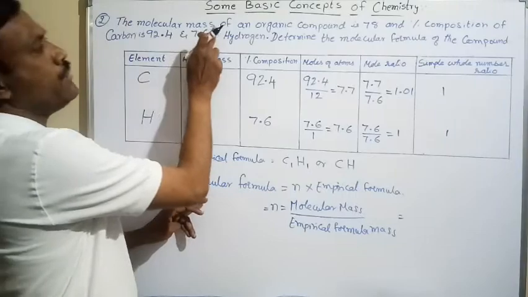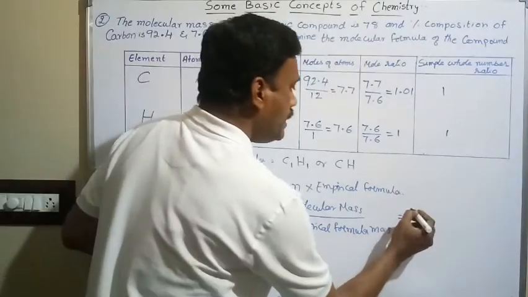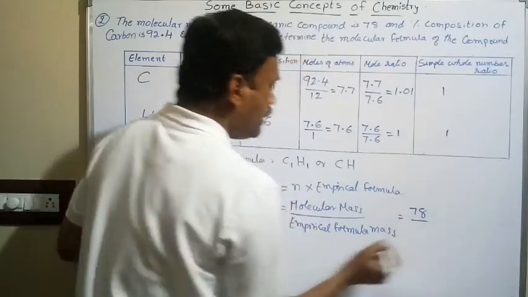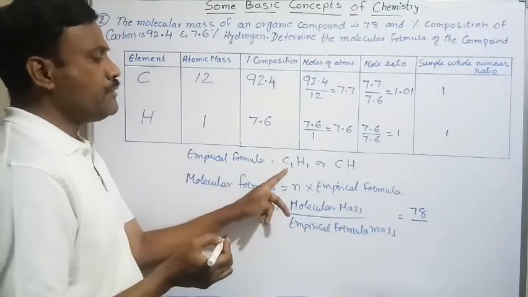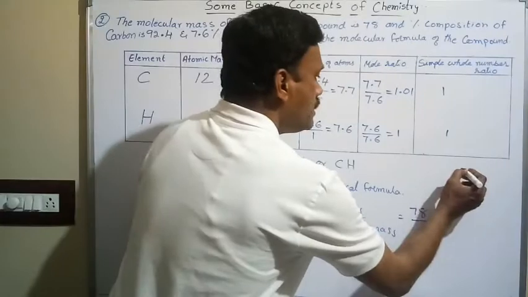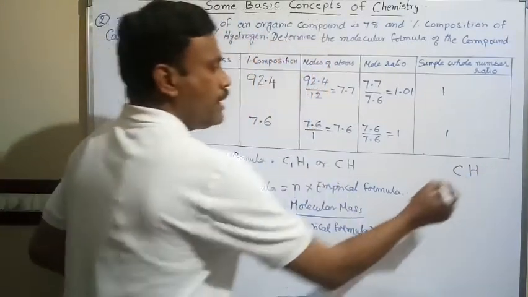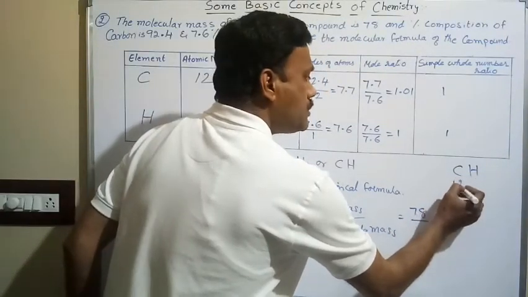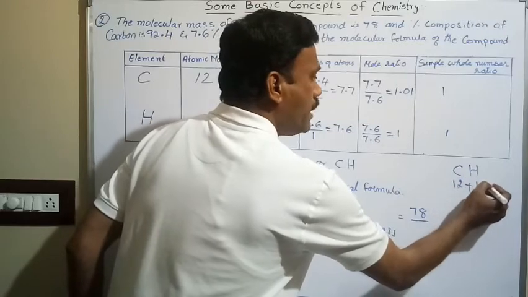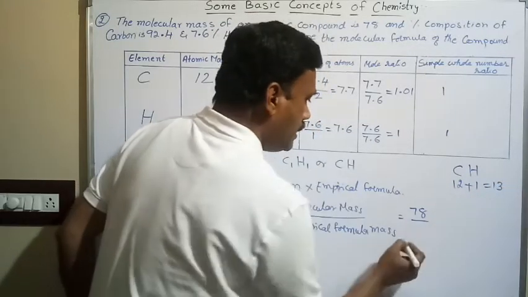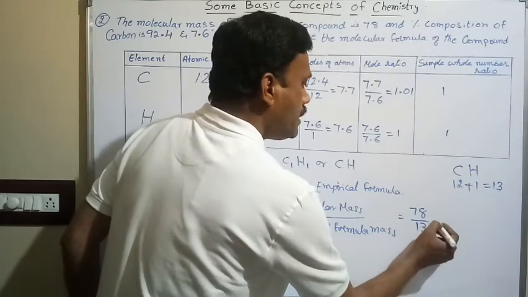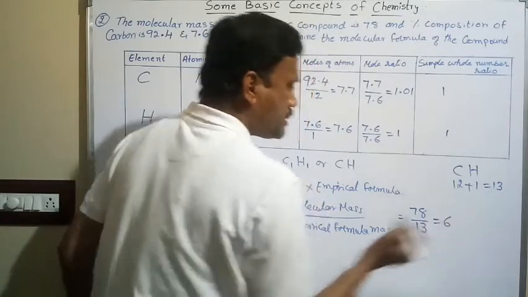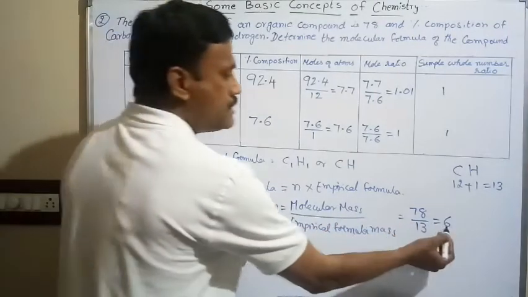The molecular mass is given as 78, divided by the empirical formula mass. The empirical formula of the organic compound is CH. Carbon atomic mass is 12 and hydrogen is 1, which gives 13. 78 divided by 13 is 6, so the value of N is 6.